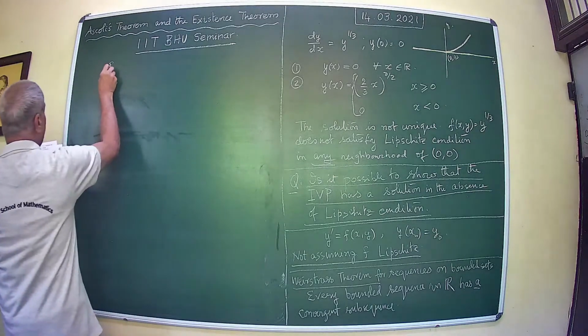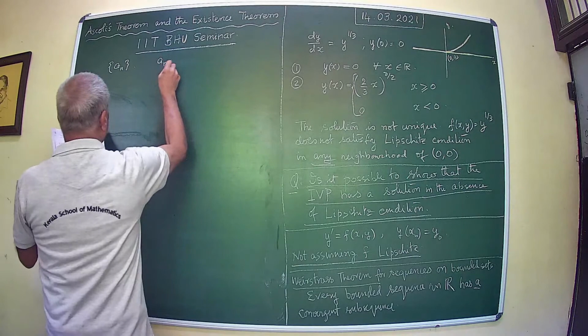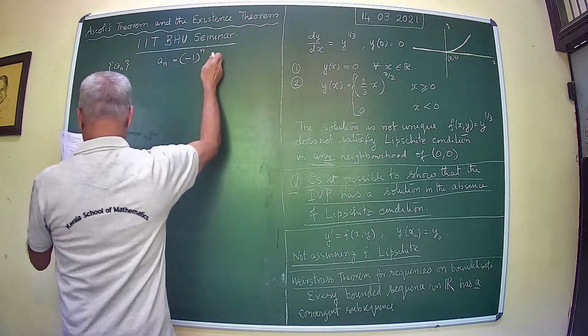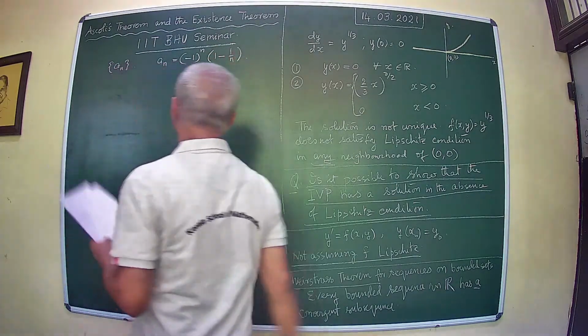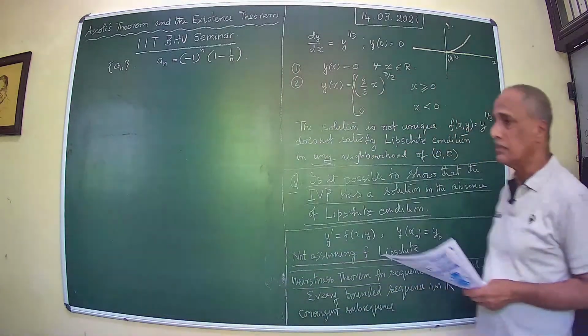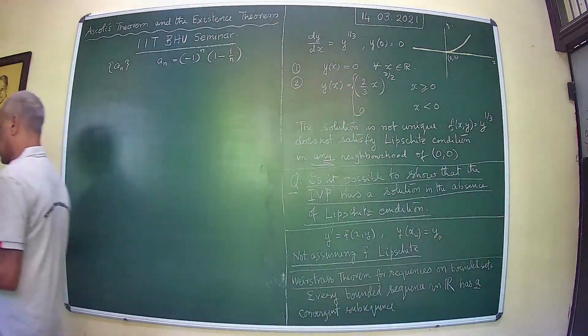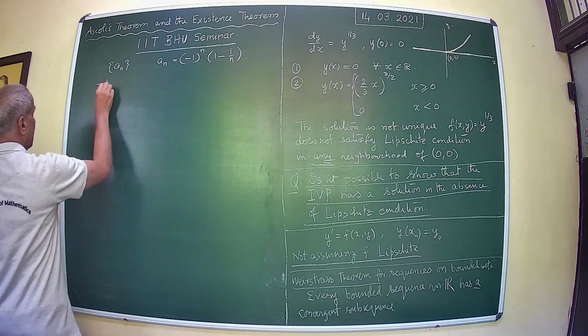The sequence a_n defined by (-1)^n (1 - 1/n). Now you know that the sequence is bounded, lying in the compact interval minus 1 to plus 2.